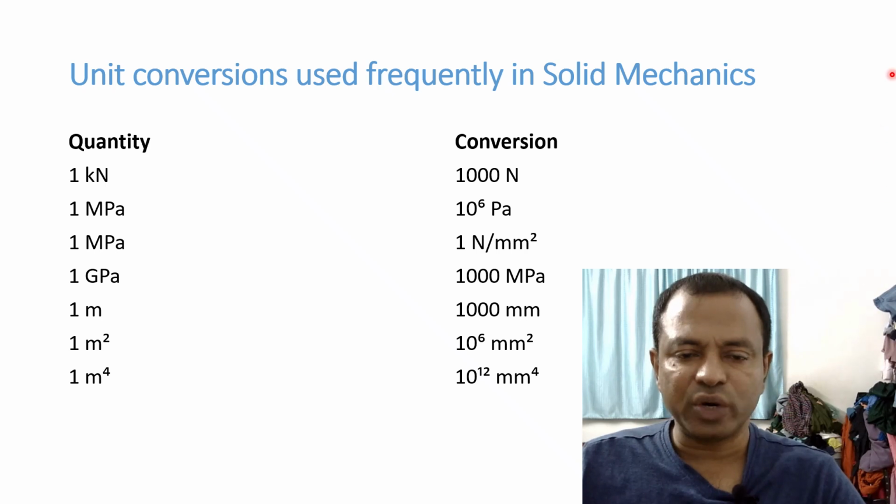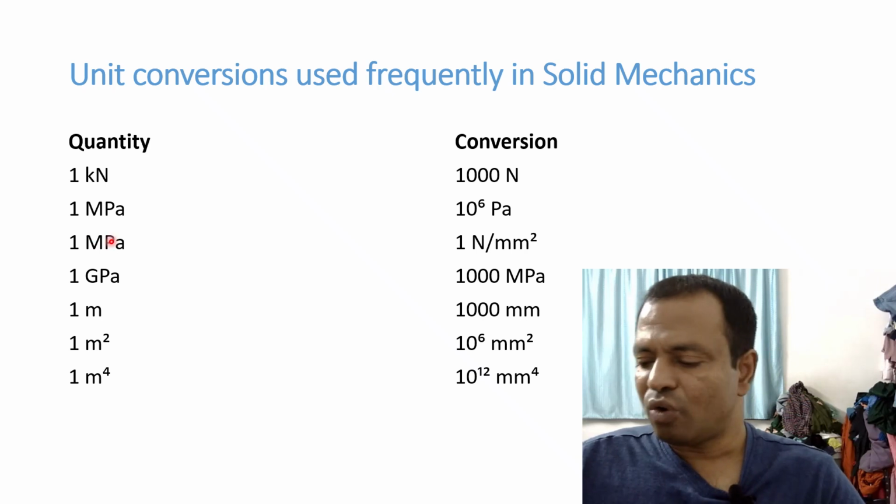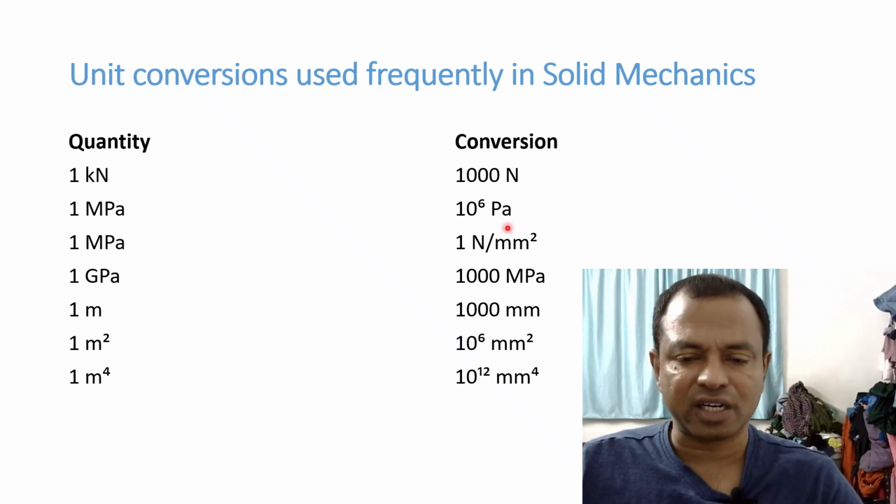Then unit conversions used frequently in solid mechanics. 1 kilonewton means, kilo we know is 10 raised to 3, that is 1000 Newton. 1 megapascal, mega means 10 raised to 6, so 10 raised to 6 pascal. Also, since 1 pascal is 1 Newton per meter square, when we convert 1 megapascal, we will get another value, that is 1 Newton per millimeter square, because 1 meter is 10 raised to 3 millimeter.